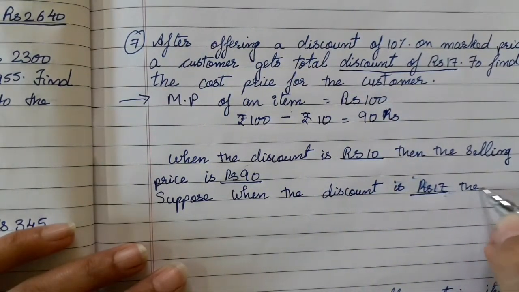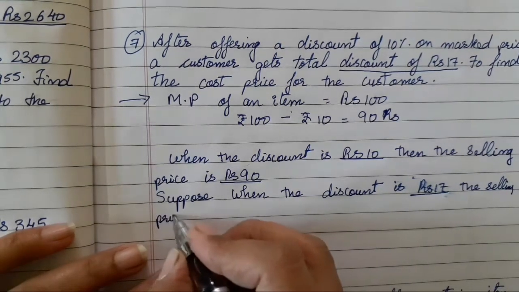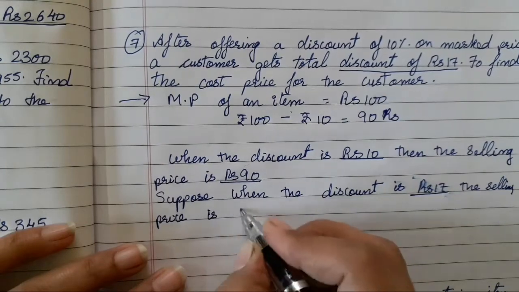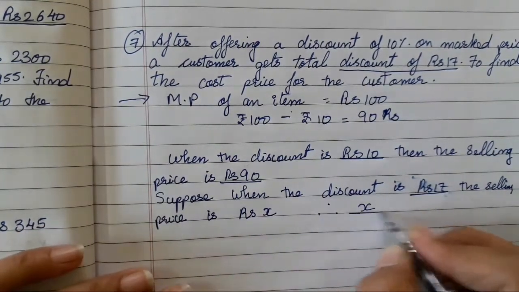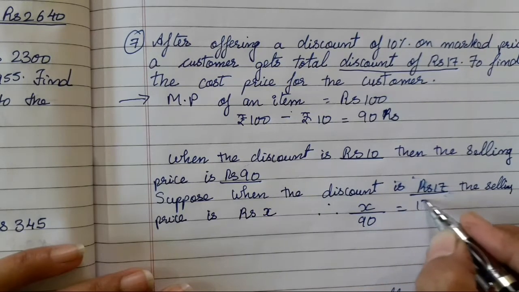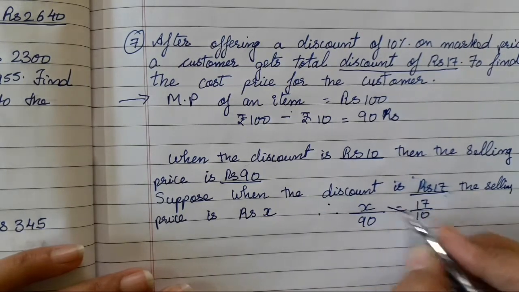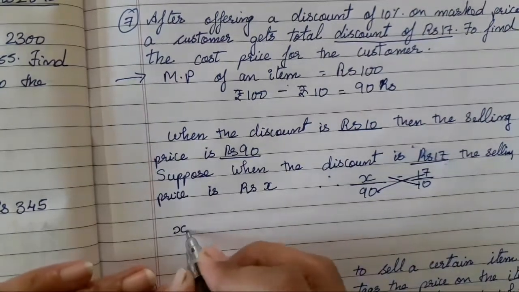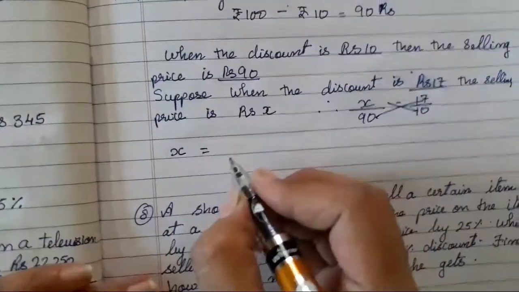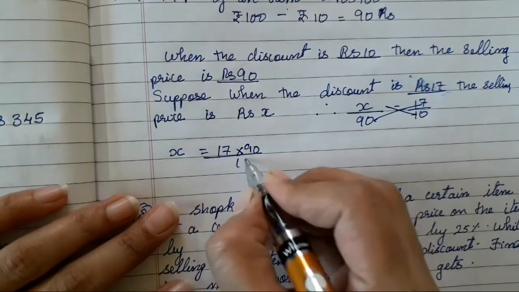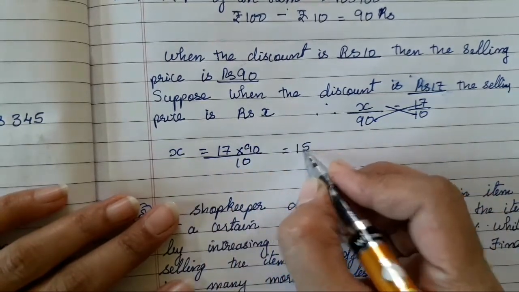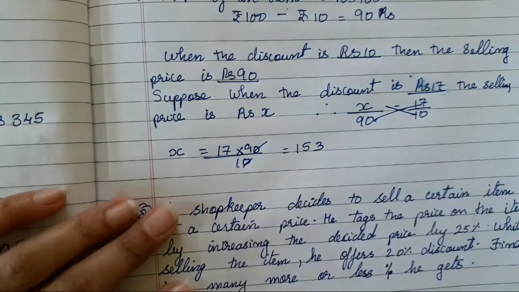Then the selling price is rupees X. Therefore, X upon 90 is equal to 17 upon 10. Cross multiply it again. You will get X is equal to 17 into 90 upon 10.